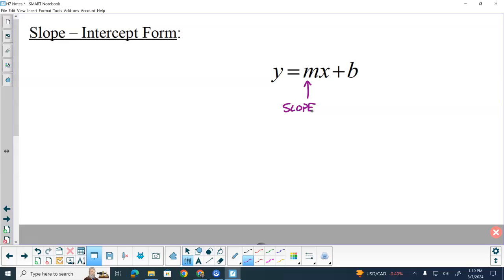I rise over my run, right? Another way you can say that is delta y and delta x, change in y and change in x. Yep. And then we can count, okay? Good. What do you got?